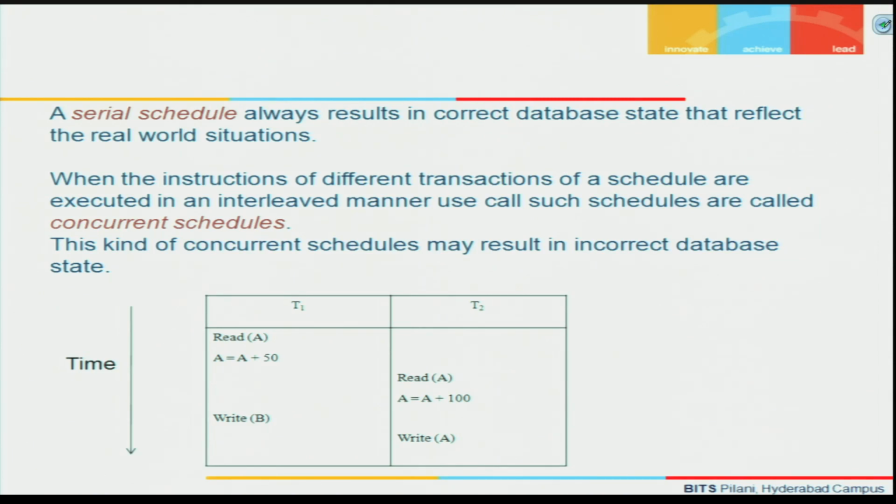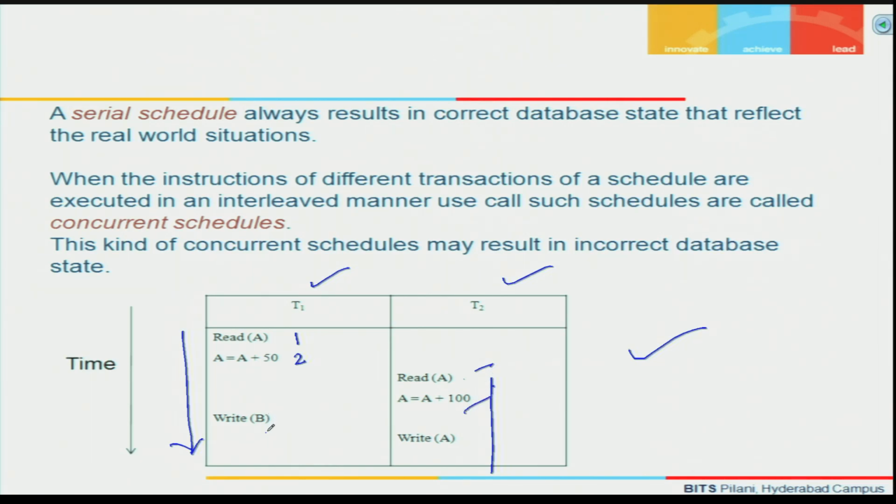And this particular schedule contains T1 and T2. T1 has 3 instructions, T2 has 3 instructions. If you look at the sequencing, first instructions 1 and 2 of T1 are executed. Before it is completed, instructions 1 and 2 of transaction T2 are executed.